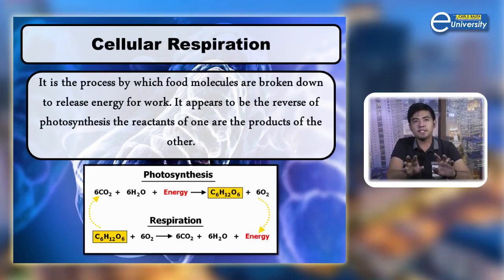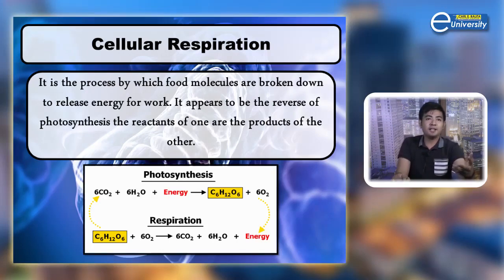In photosynthesis, the raw materials are carbon dioxide and water, while in respiration, carbon dioxide and water are the product of respiration. In photosynthesis, glucose molecules and oxygen are the product, but in respiration, glucose and oxygen are the raw materials. So meaning really that these two processes are opposite in nature.